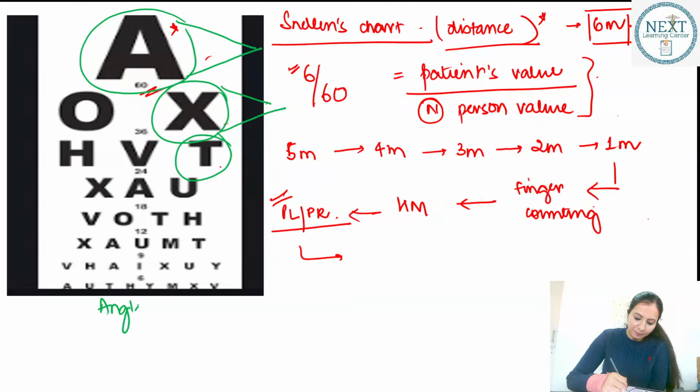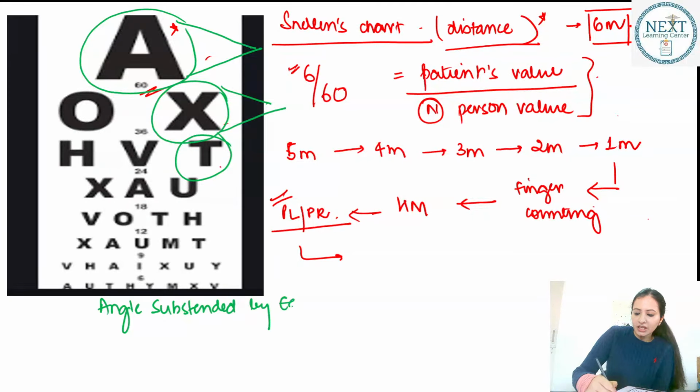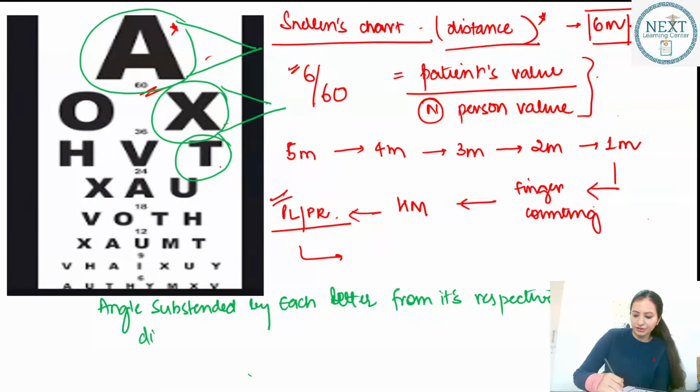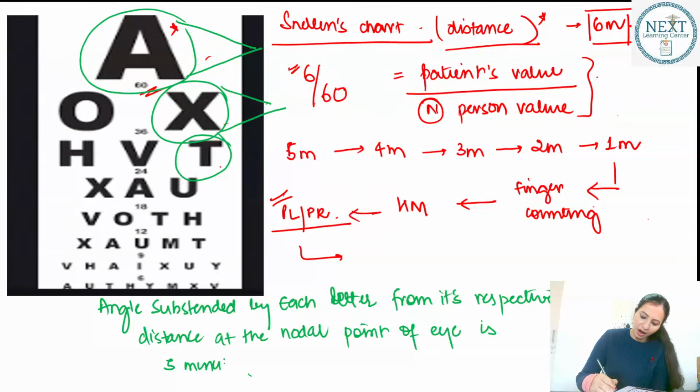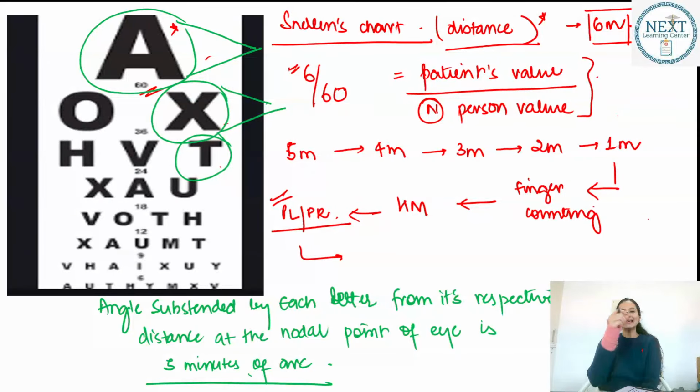So they say that the angle subtended by each letter from its respective distance at the nodal point of the eye is 5 minutes of arc. So this is the angle that each letter will subtend from its respective distance.